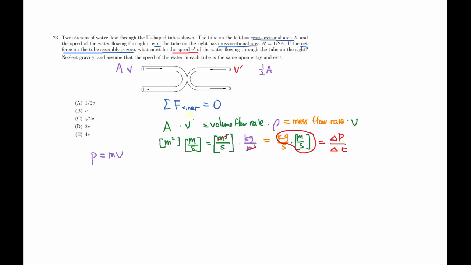Why did I write this? Well, now you can see the relationship between the net force and the change in momentum over time. We have a force equal to delta P over delta T, and as delta T approaches 0, that just becomes dP over dt in calculus.